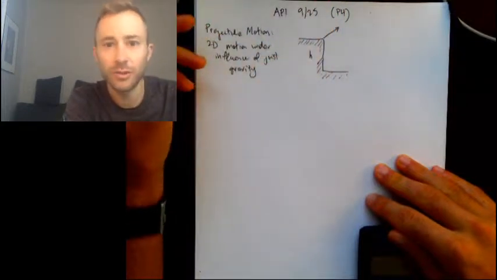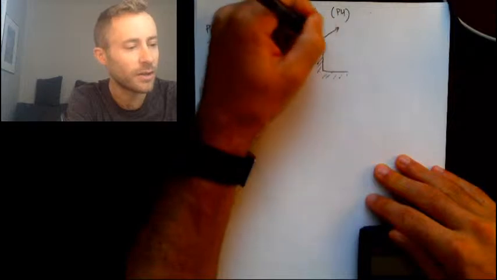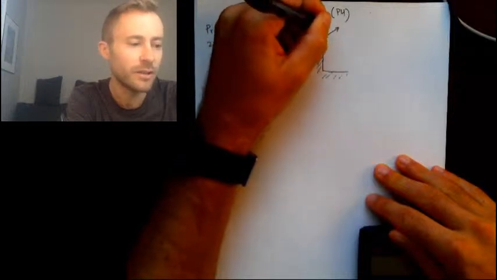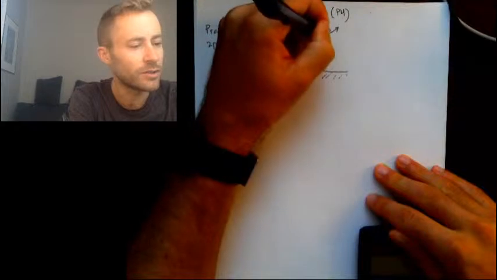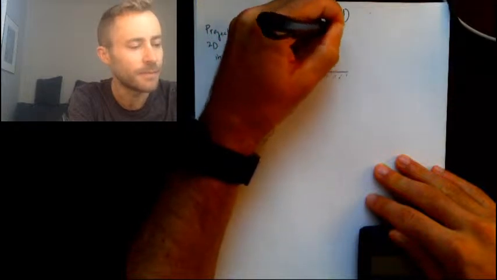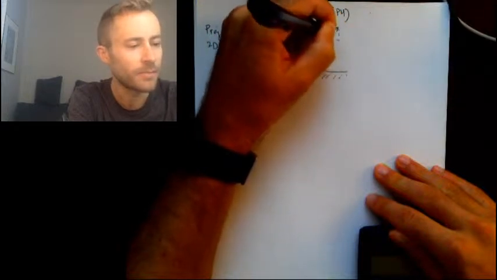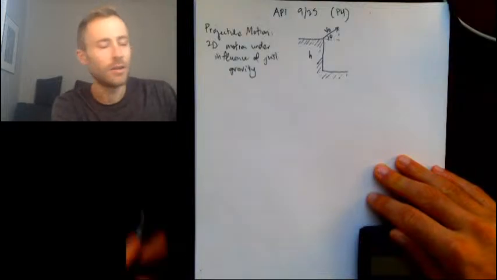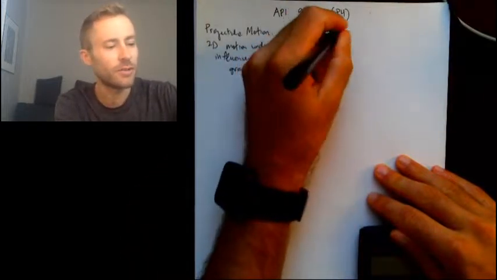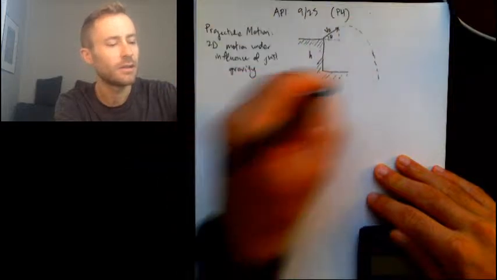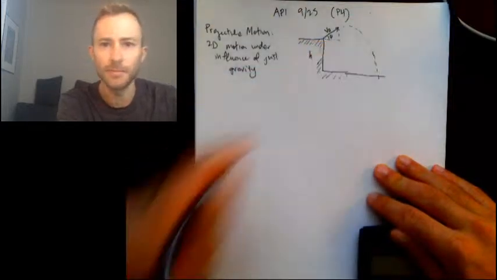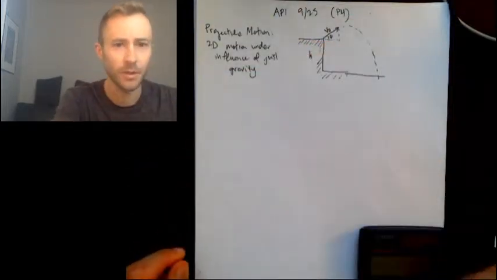Now, because this is two-dimensional, we have to specify what is the launch speed, which I will call v naught, and what is the launch angle, theta. Okay? And then the projectile kind of flies through the air and hits the ground.